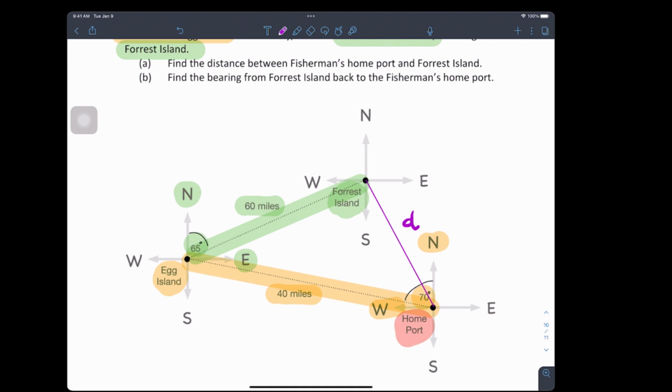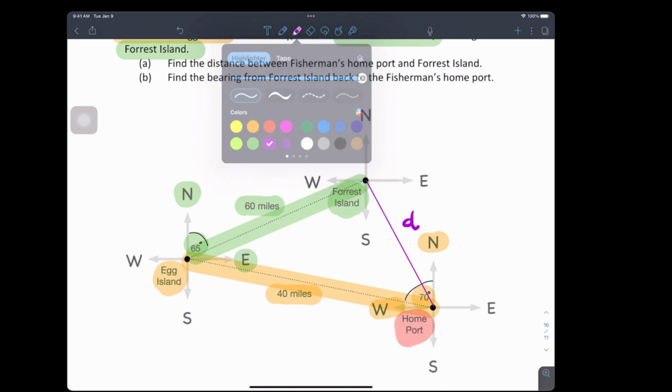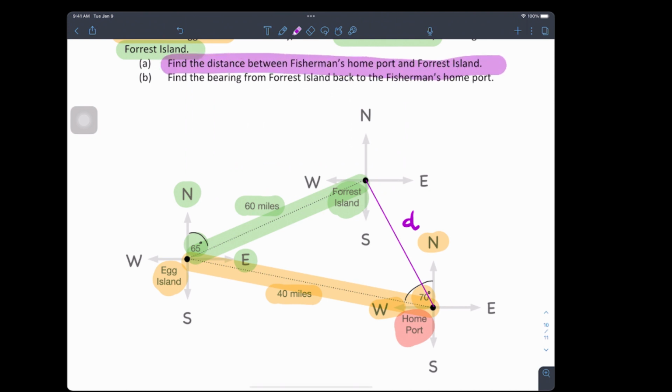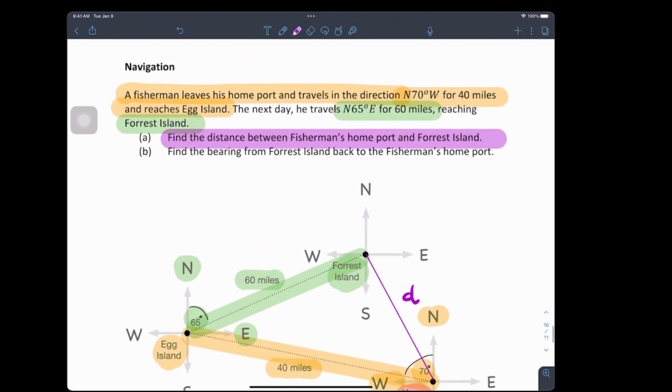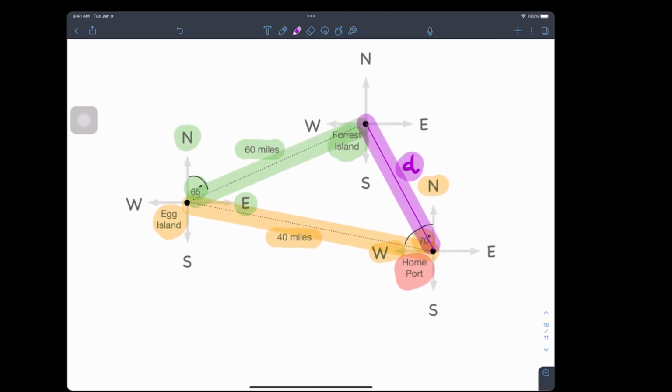That is D. So this is question A. There's D. I'm going to give you guys some time here for this.